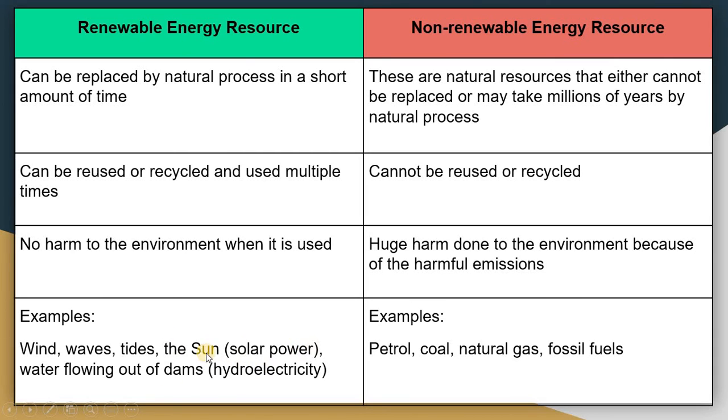How about solar energy? All right, solar energy, its advantage is that it does not cause harm to the environment. It does not release harmful emissions. But the disadvantage of using solar energy is that it pretty much depends on whether you have sun.